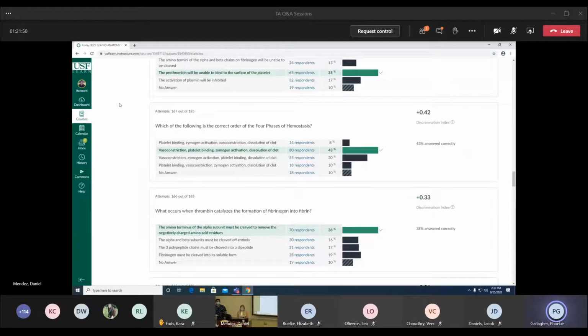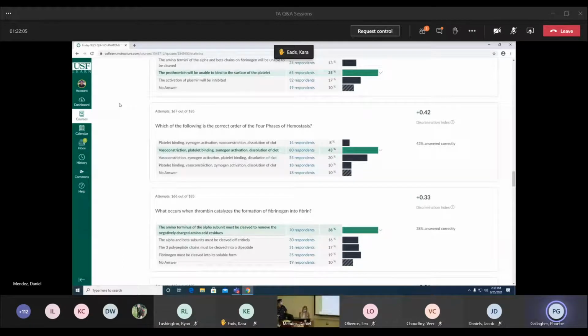So that's the second step. After that, you'll have the zymogen activation, and the zymogen activation is all of that blood clotting cascade that we went into detail with today. And then the last step would be the dissolution of the clot, which is just the breakdown of the clot after the injury is healed. So make sure you know the order of that.